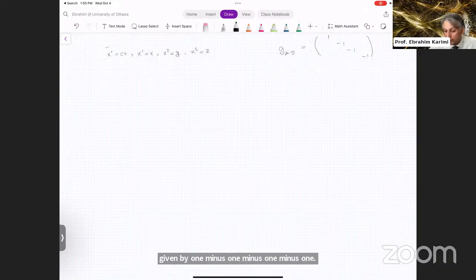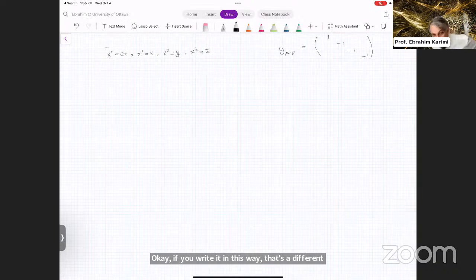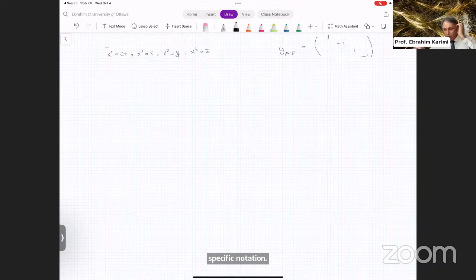Some people write x0 as ict. That is a different scenario, and I'm not talking about that definition. But remember, it's very important when you do the calculation to restrict yourself to one specific notation. You are not allowed to change the notation. I think we always use this metric; we have not used the others.